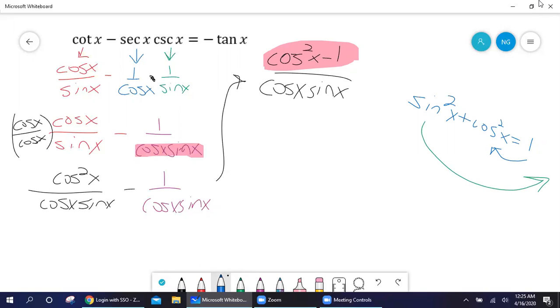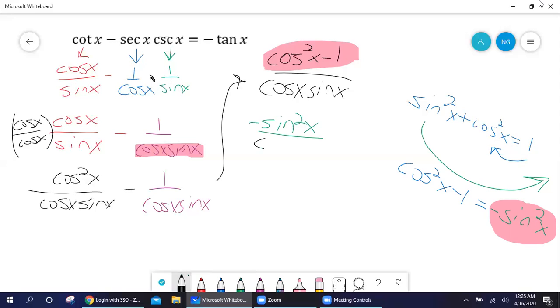So what I'd end up with is cosine squared minus 1 equals negative sine squared. So I can replace cosine squared minus 1 with negative sine squared. So I've got negative sine squared over cosine times sine. That was a variant of a Pythagorean identity.